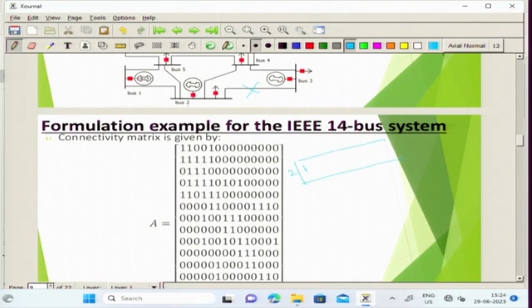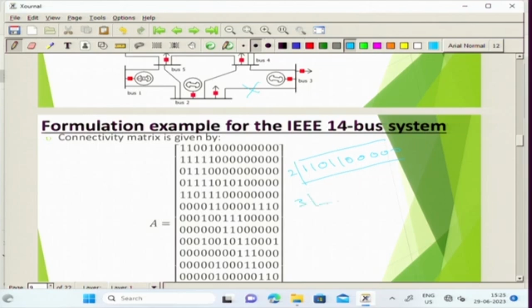Between bus 2 and 1 there is a connectivity 1, and between bus 2 and 2 again there is a connectivity 1, between bus 2 and 3 now the entry would be 0. Bus 2 and 4, yes, there is a connectivity 1, bus 2 and 5 there is a connectivity 1, and the rest of the entries would be 0.